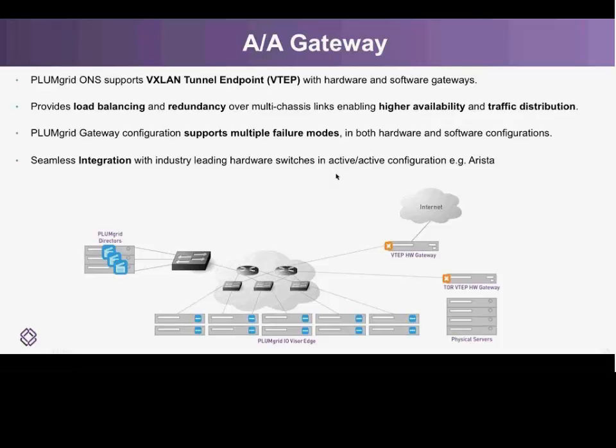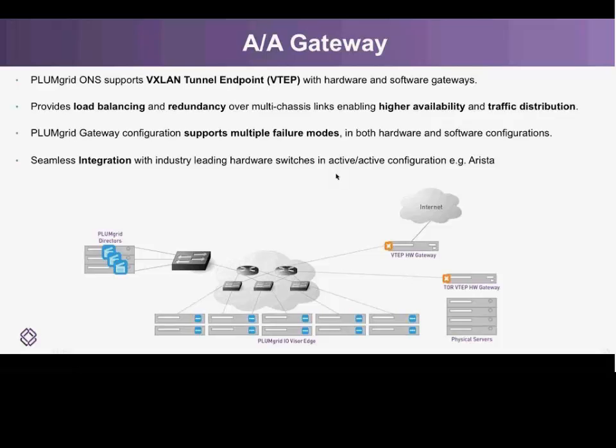And we want to make sure that the gateways, regardless of being software or hardware, can be configured in HA configuration, so that there is high availability as well as traffic distribution properties that are achieved through this.